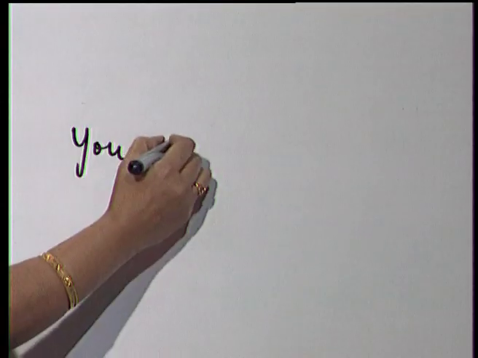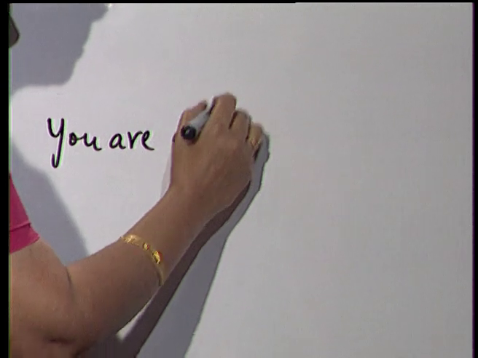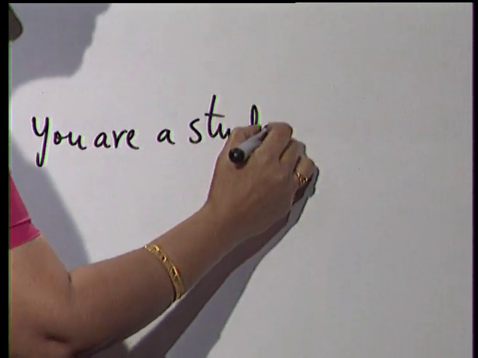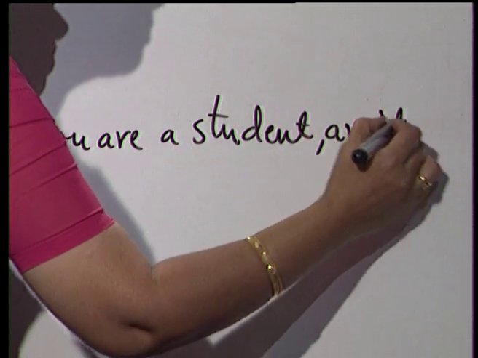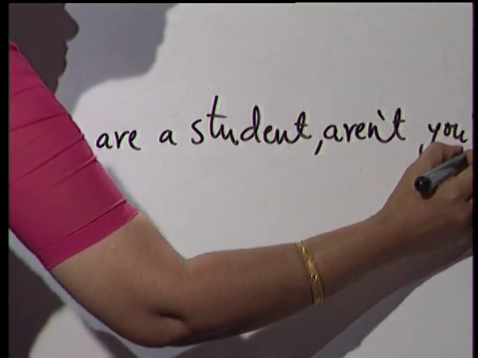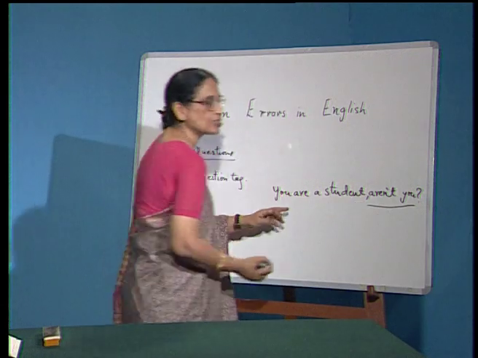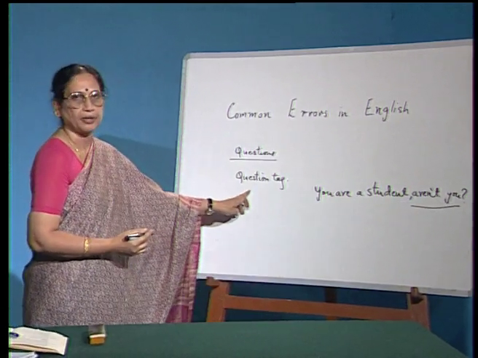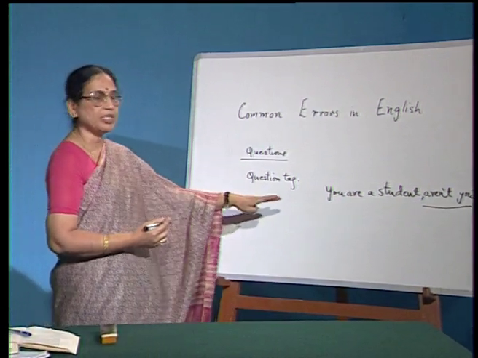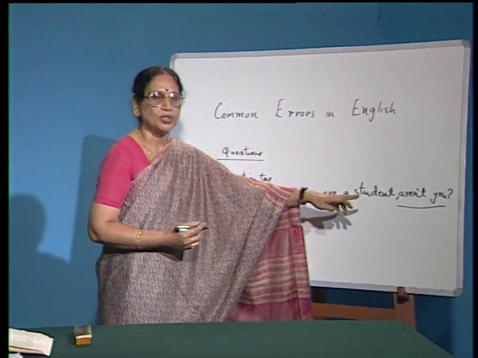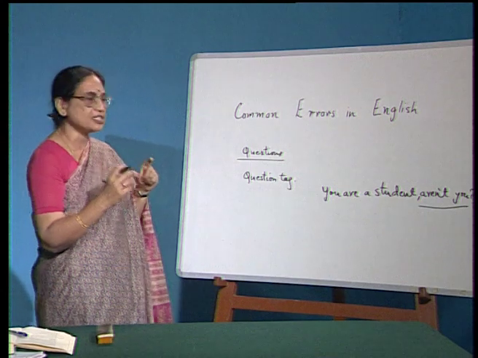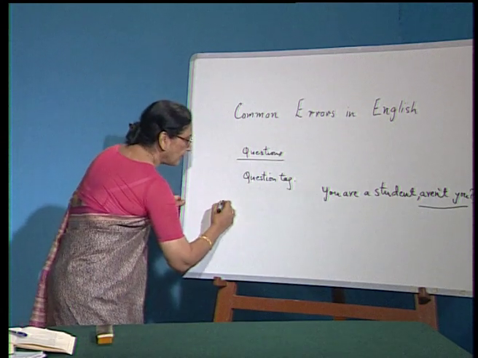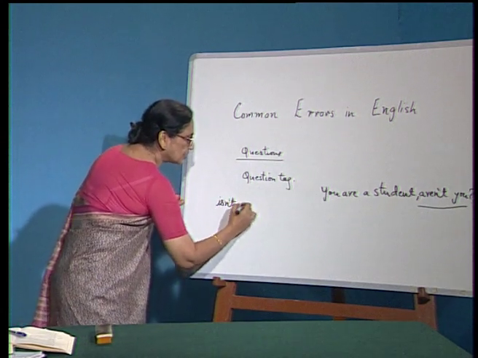You are a student, aren't you? This part of the question is known as the question tag. Very often we make a mistake in framing the question tag because we feel that the form isn't it can be used with every question. Isn't it?